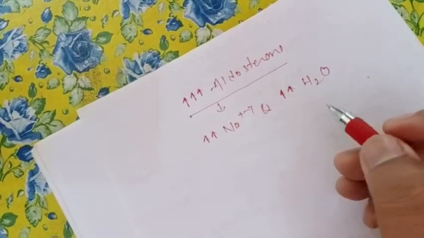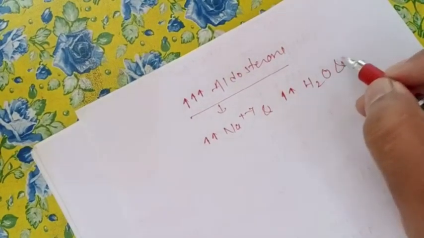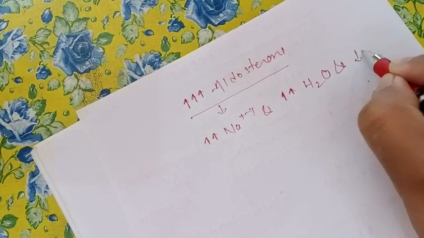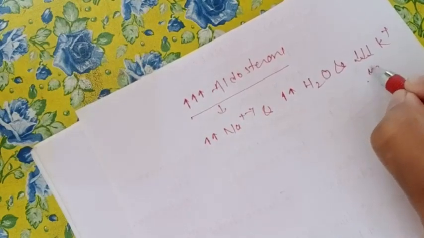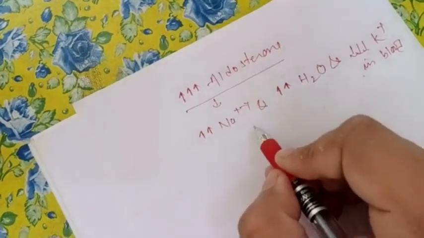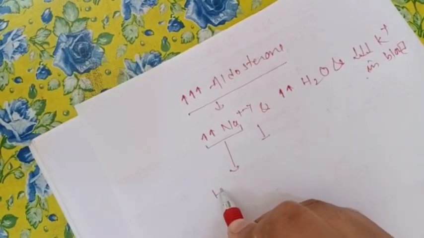Simultaneously, its other function is to increase potassium excretion, so it will decrease the potassium in the blood. Increased sodium will lead to hypertension.